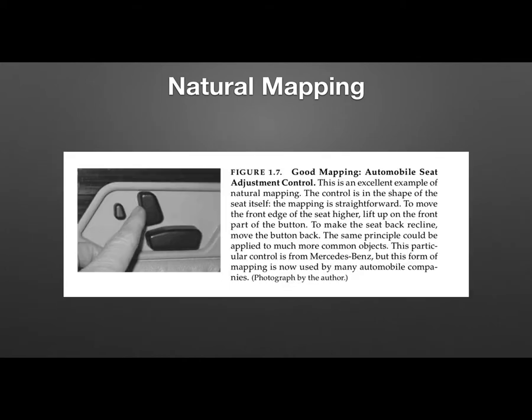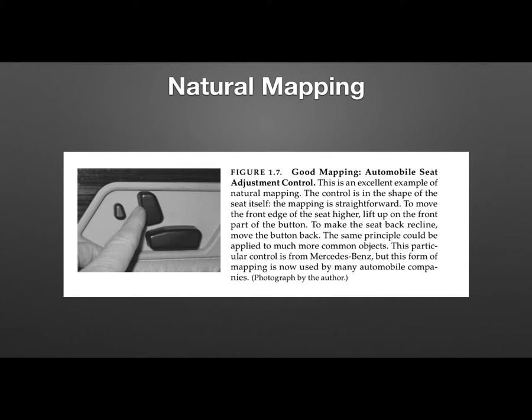On the other hand, this is like a power seat in a vehicle. These are little slider controls that move the seat forward and backward, up and down, tilt it back and forth. It's essentially a tiny version of the seat, and you're just moving it. That's really natural. It's really straightforward.